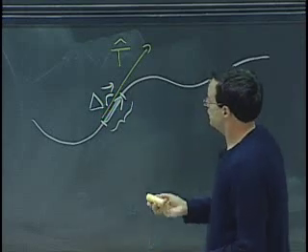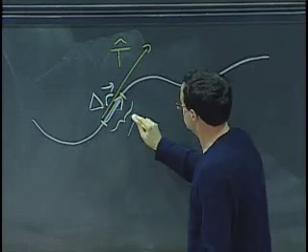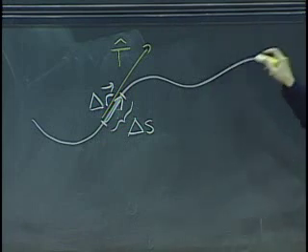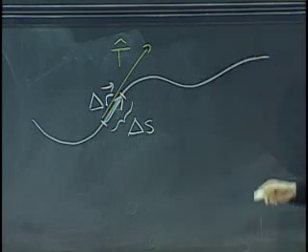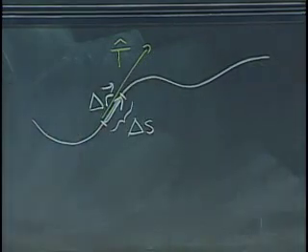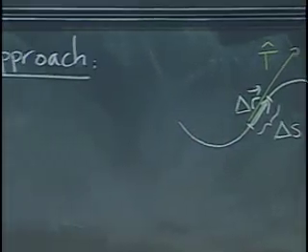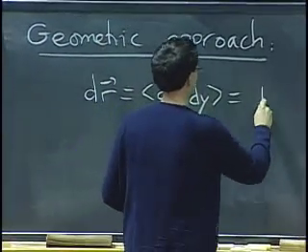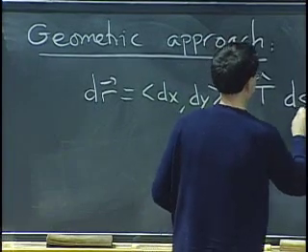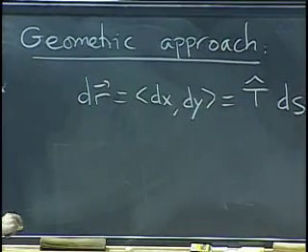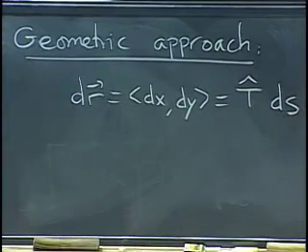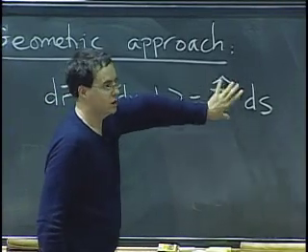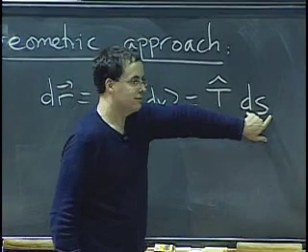Well, its length is the arc length along the trajectory, which is what we called delta s. Remember, s was distance along the trajectory. So we can write vector dr. So we say it's dx comma dy, but that's also T times ds. It's a vector whose direction is tangent to the curve and whose length element is actually the arc length element.